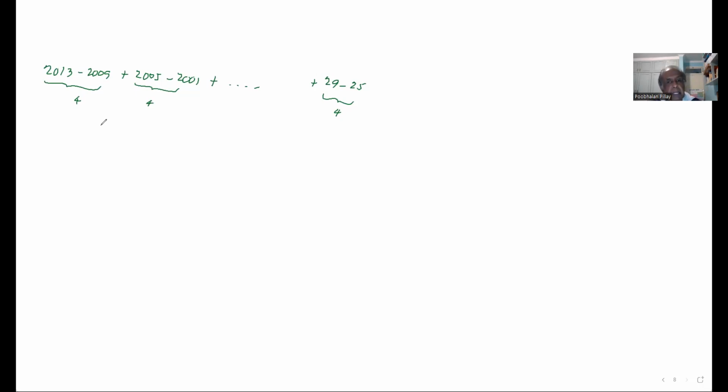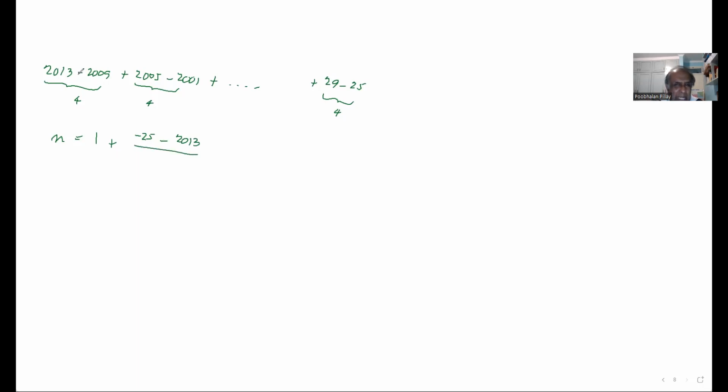This is the same problem that I've been discussing, because you've got an arithmetic sequence here. You've got 2013 minus this and so on, and you land up with this. So the number of terms is 1 plus the last term, which is minus 25, minus the first term, 2013, divided by d.